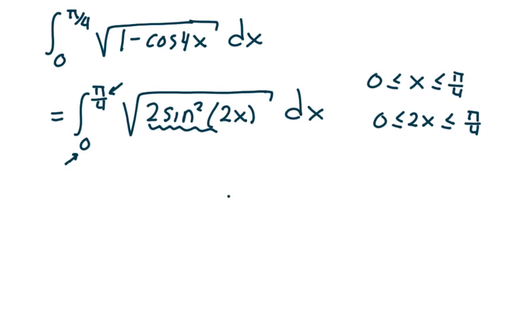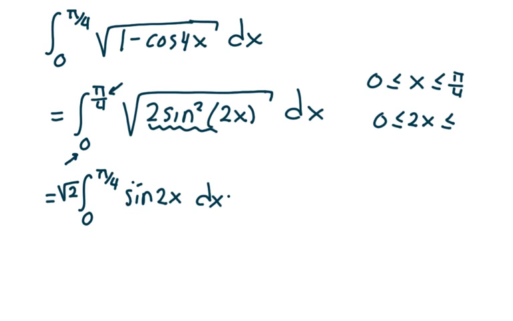Why is that important? Because when I go to the next line, I'm going to take out a square root of 2, and I could just write this as sine 2x. I don't have to worry about putting absolute value bars around sine 2x, because 2x is between 0 and pi over 2. And I don't have to worry about sine ever being negative in the first quadrant. Okay?